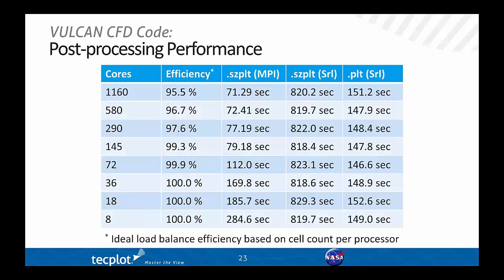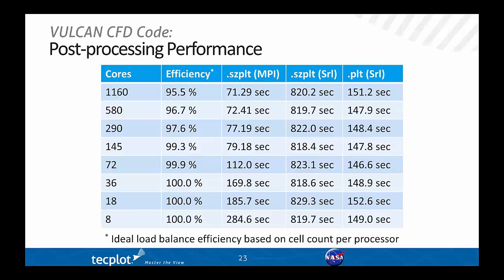And so here's the performance of the TecIO library. I did a series of simulations ranging from 8 cores to 1160 cores. The efficiency column is a parallel efficiency value that gives you a feel for how well the blocks were partitioned, a measure of how even the cell count was on each processor.